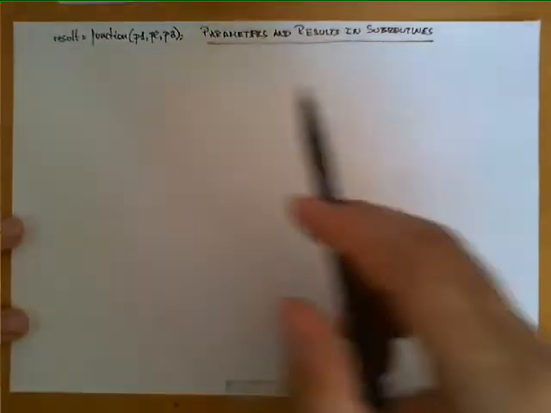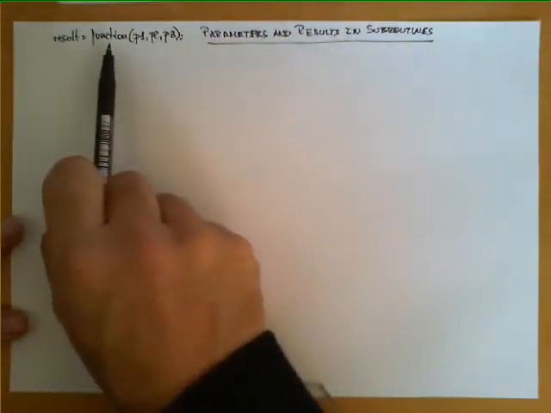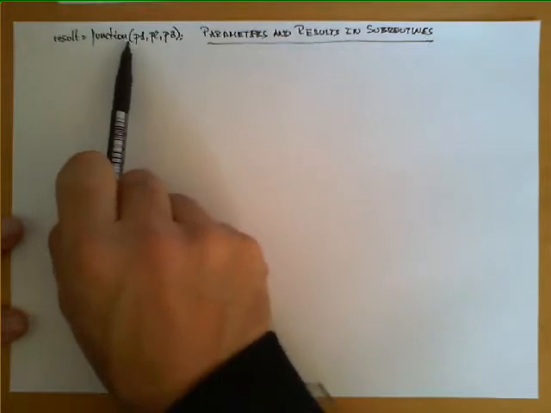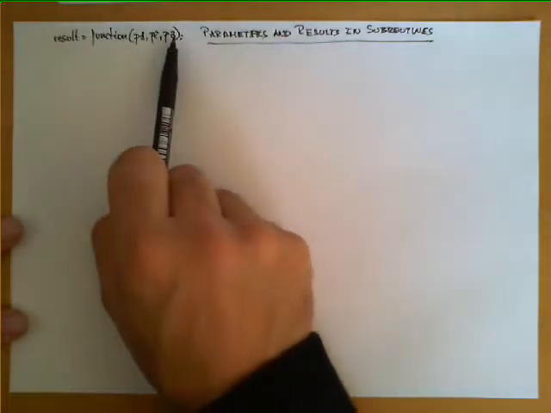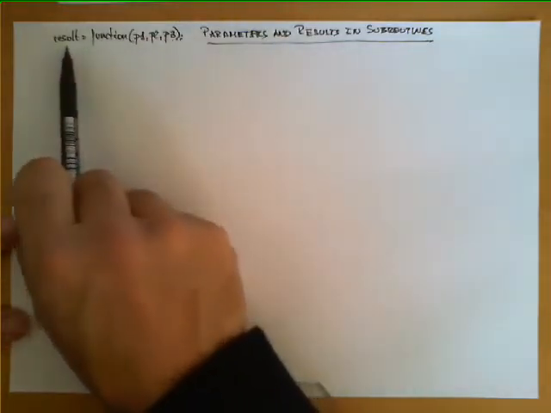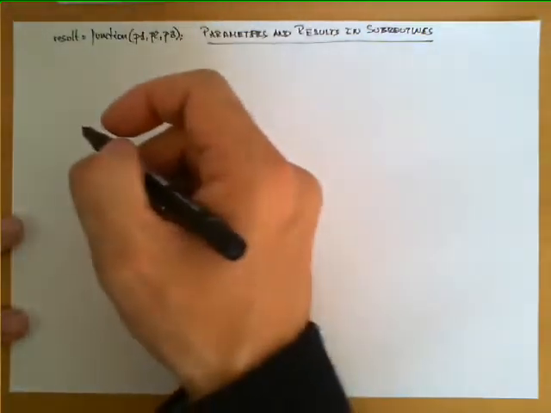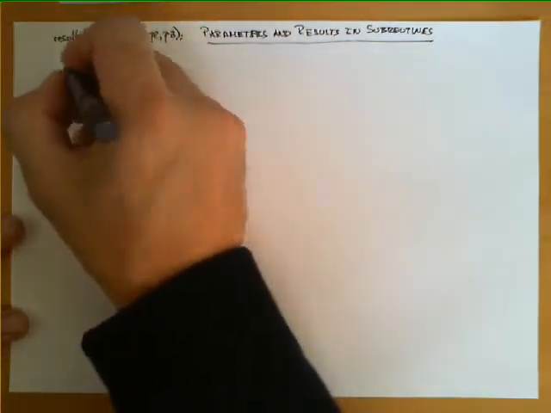We have a program, and within this program this function is invoked with three parameters, P1, P2, P3, and the result has to be captured back and stored in the variable result. So the scenario that we are considering here is the following.